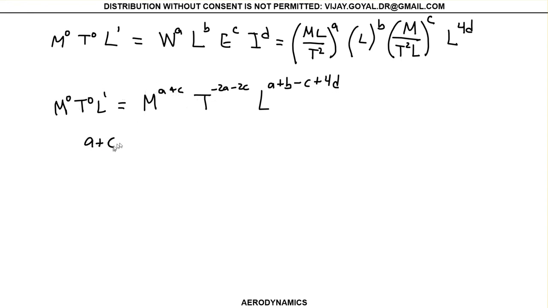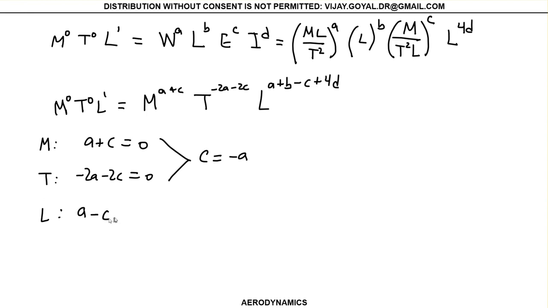A plus C is equal to 0. This comes from M. For time, we get minus 2A minus 2C is equal to 0. From these two equations, we basically get the same answer. So C is equal to minus A. The last one from L, we find A minus C plus B plus 4D is equal to 0. And we can solve for any variable.